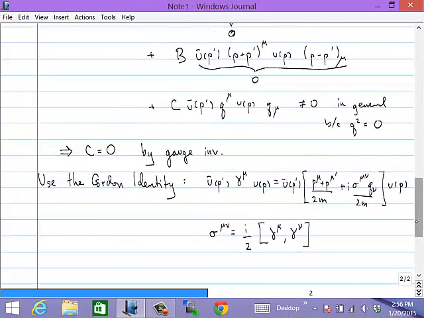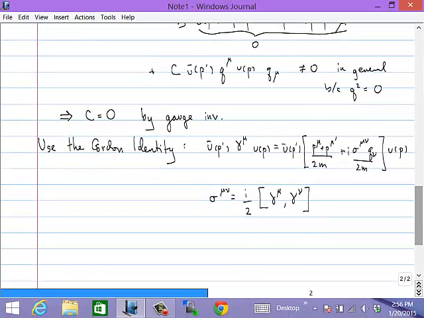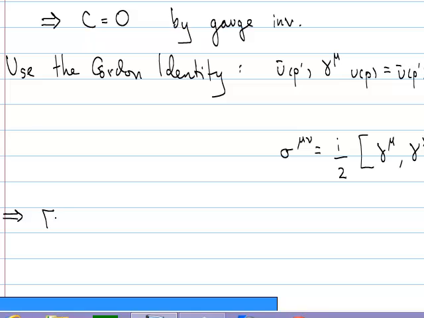So I can put this all together to summarize our expression for gamma mu. It has to be the sum of two terms. I called these A and B up above, but I'm now going to rewrite them a little bit using this Gordon identity.